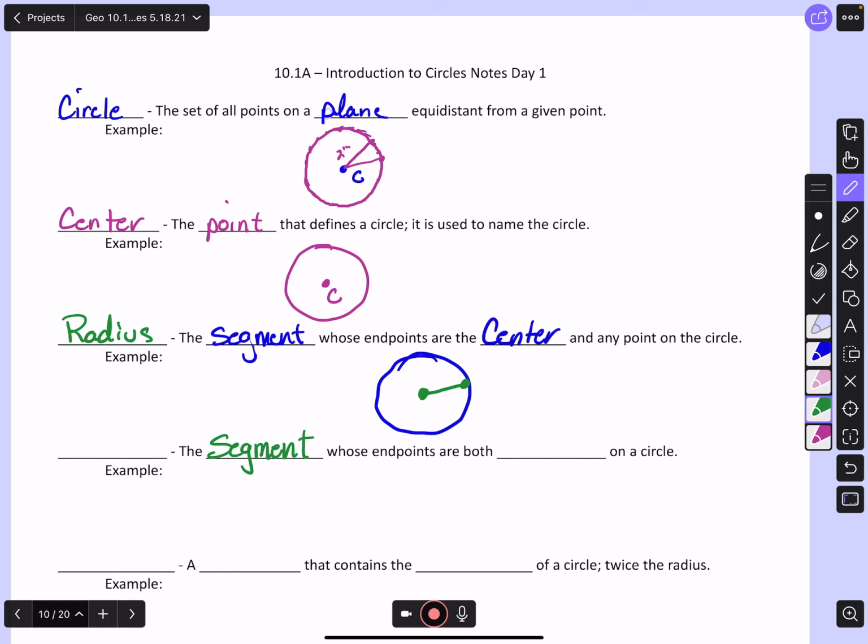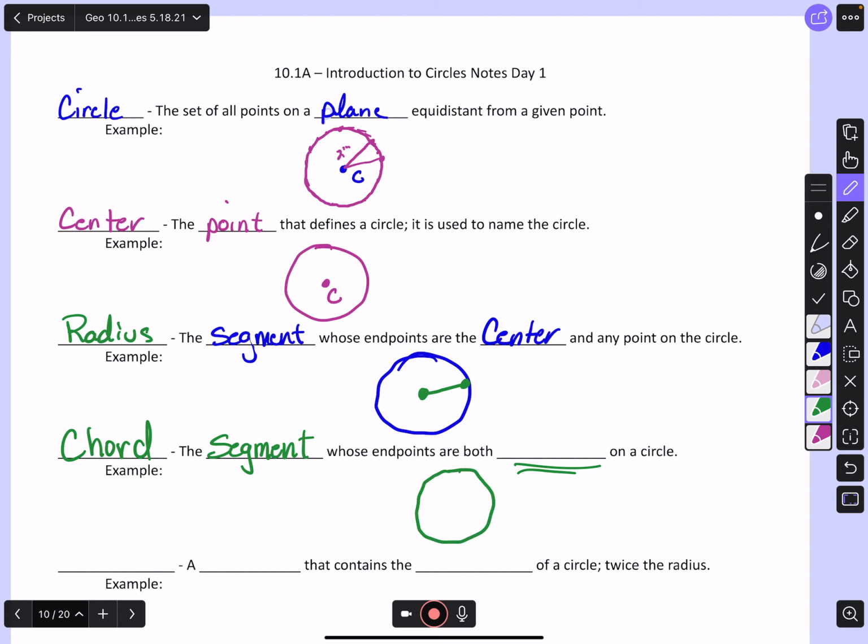This is clearly a chord that they're trying to get. I'm trying to figure out what that word is right there because it's whose endpoints are both, I don't know, because this is what a chord is.